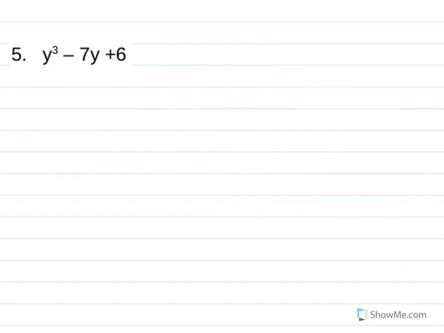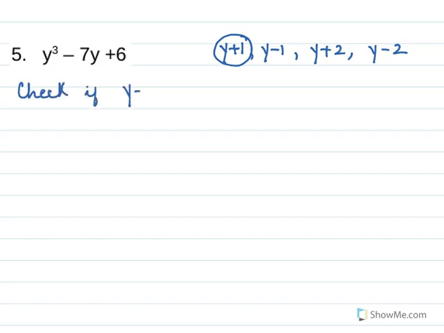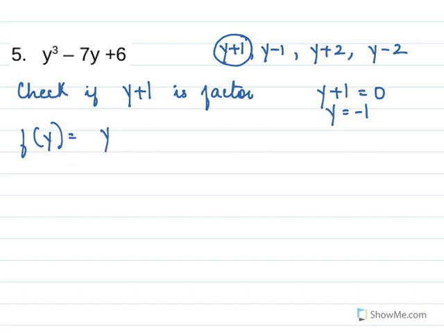Next, we need to factorize this. So here the factors could be y plus 1, or it could be y minus 1, or y plus 2, or y minus 2. Let us check if y plus 1 is a factor. How do we check? We put y plus 1 equal to 0, y equal to minus 1. So we know p of y is y cube minus 7y plus 6. So we put minus 1.